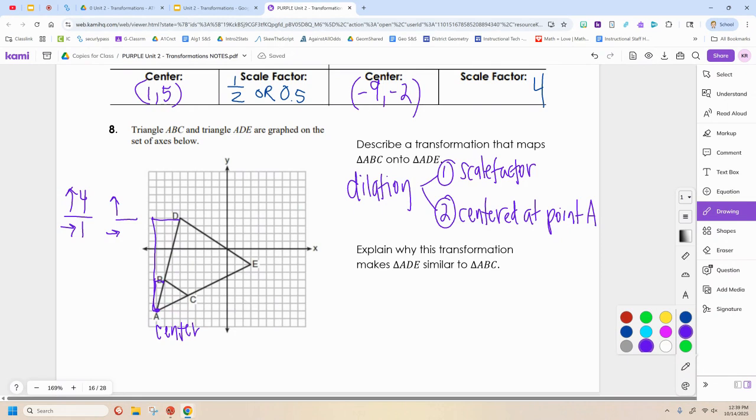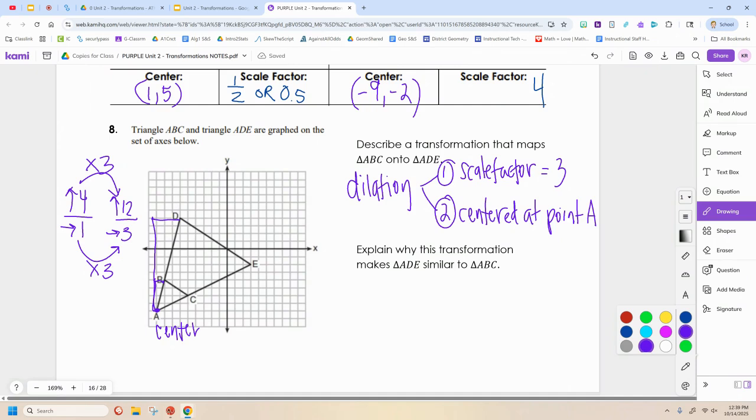Yeah, we go up 12, and then we go to the right 3. And so now you're just asking yourself, what do I do to 4 to get to 12? What do I do to 1? Multiply by 3. Yes, multiply by 3. So guess what our scale factor is? 3. Okay.